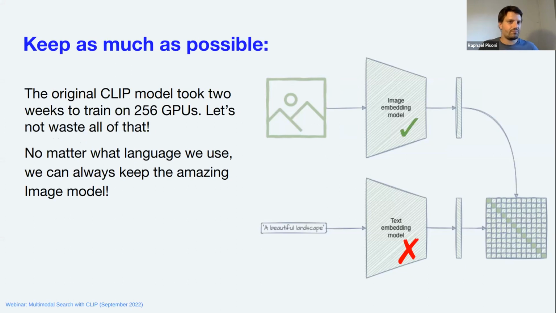So regarding keeping as much as possible, that's really useful because the original clip model was trained on 256 GPUs for 2 weeks. And we really don't want to waste all of that. And so if you want to train a clip model with a different language, then you should really keep as much as possible, which is, in this case, the image model because that already knows a lot. And you can just switch out the language model and not replace all of it, or not train everything from scratch.